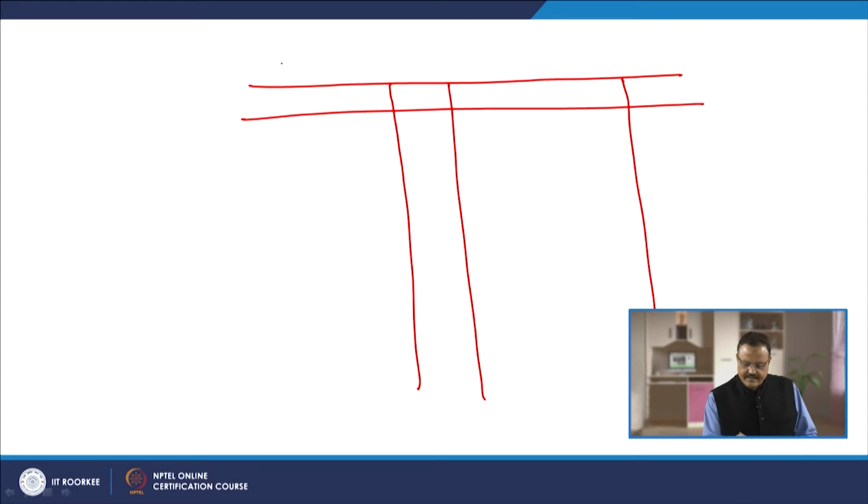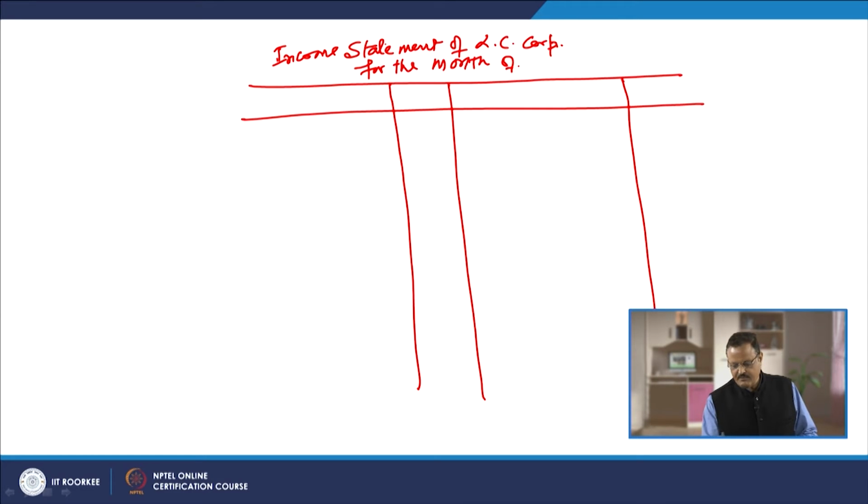We write here income statement of Left Center Corporation for the month of December, because this information belongs to December 2017, right.